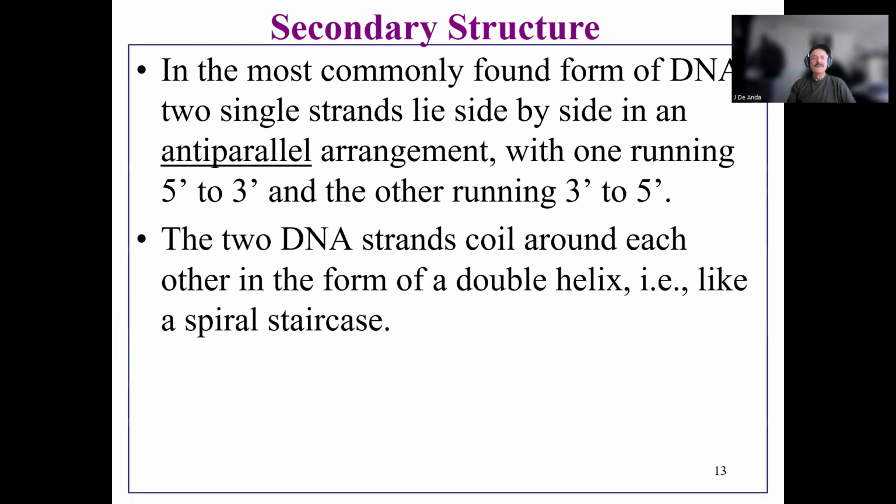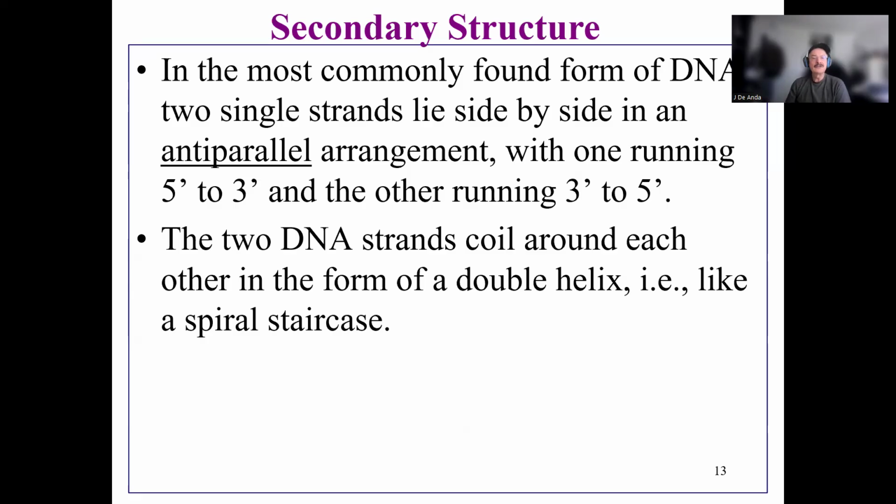Now, in the most common form that we find, there are two strands and they're lying side by side in an anti-parallel spiral arrangement. One strand of the DNA runs from the 5' towards the 3' end, and the complementary strand runs in the anti-parallel direction from the 3' to the 5' end.